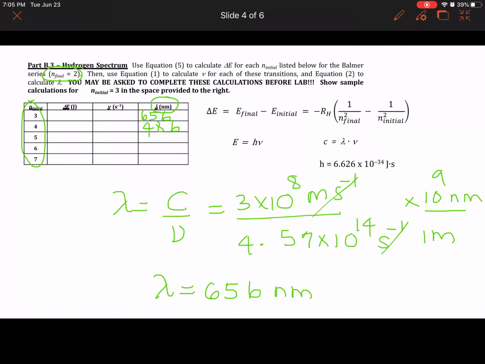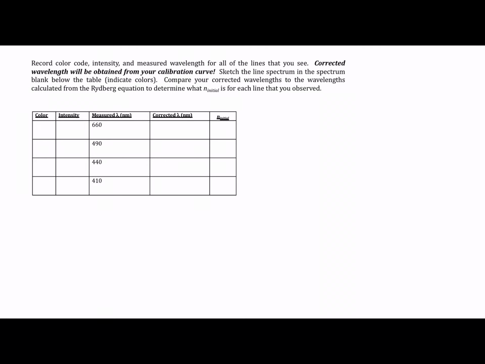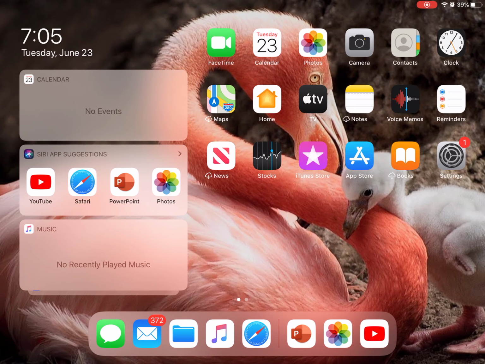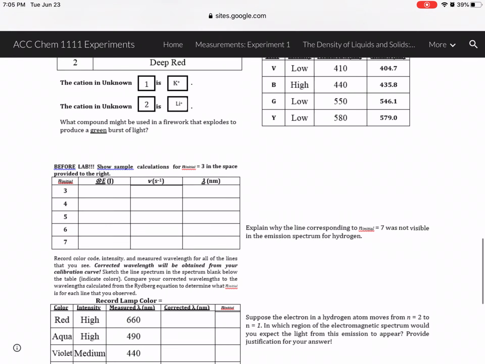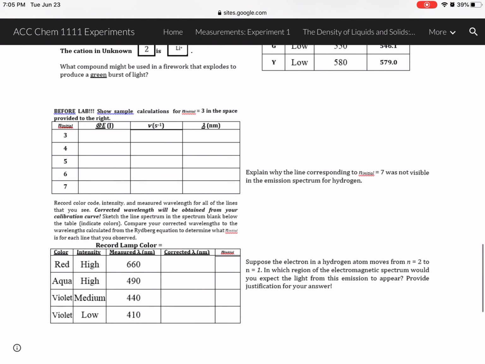Okay, so let's see. We are done with that part, and you had to do it for all 3, 4, 5, 6, 7: delta E, frequency, and wavelength. Then it's asking, explain why the line corresponding to n initial 7 was not visible in the emission spectrum for the hydrogen.